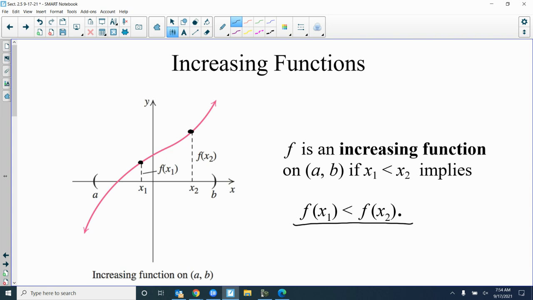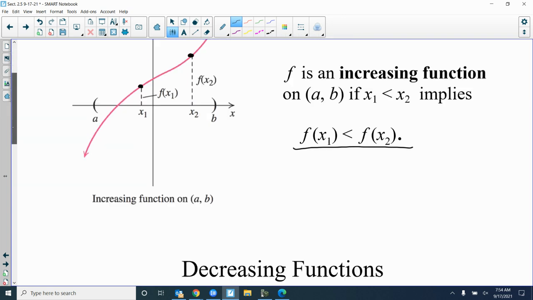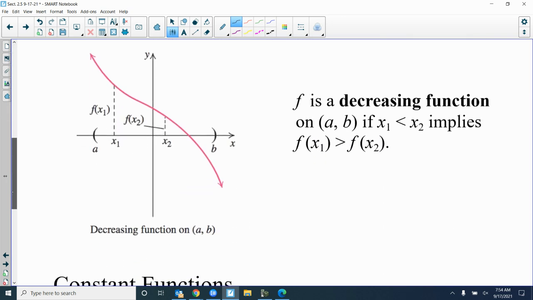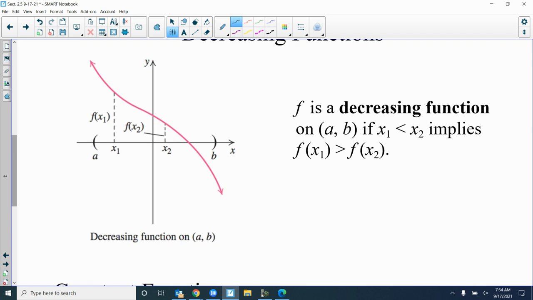What about a decreasing function? Okay, decreasing function, you know how to identify. It's going to go down from left to right. Mathematically, though, if x1 is less than x2, what's going to happen is f of x1 has to be bigger than f of x2.